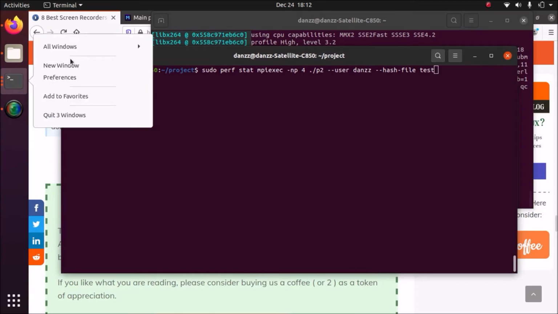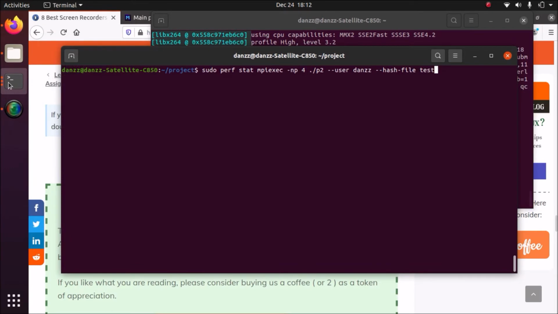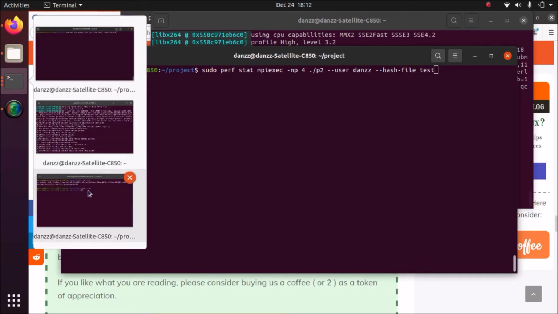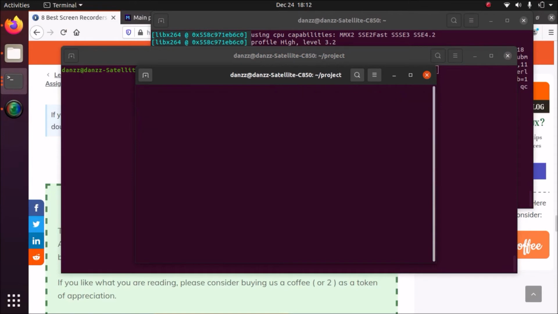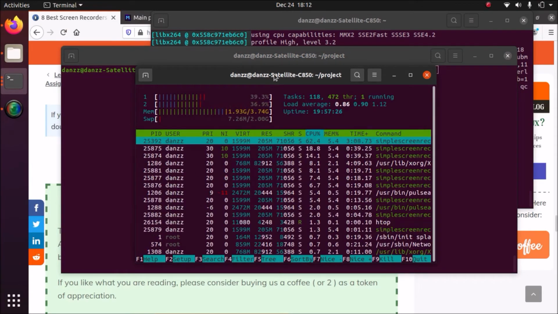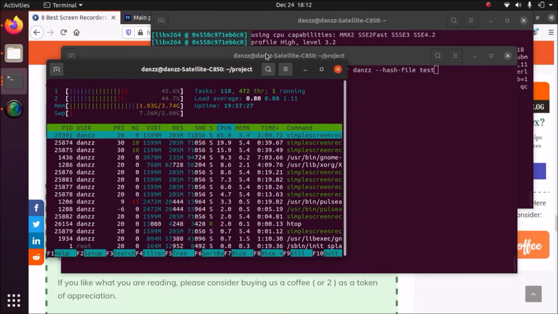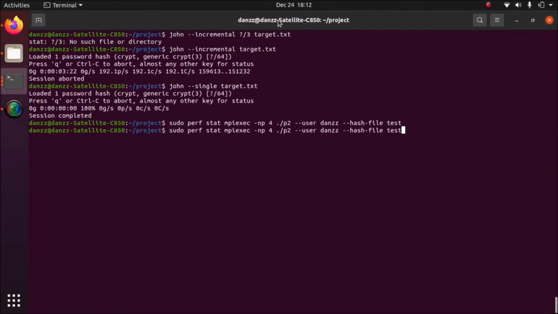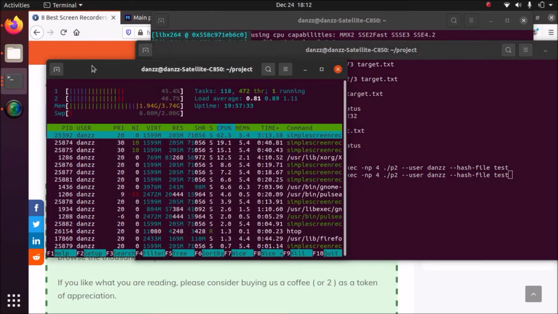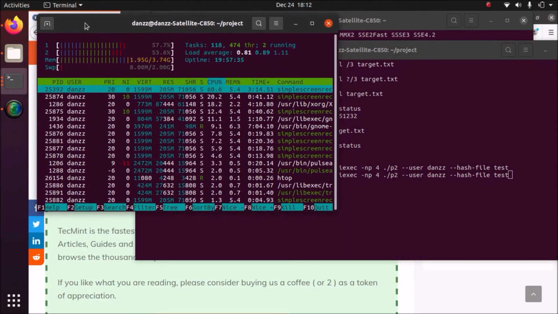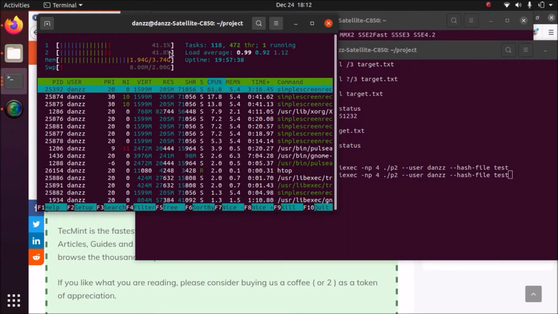Also I want to open htop here, it's always nice to see your program's resource utilization. This machine has two cores, and they're running at about half of their efficiency.